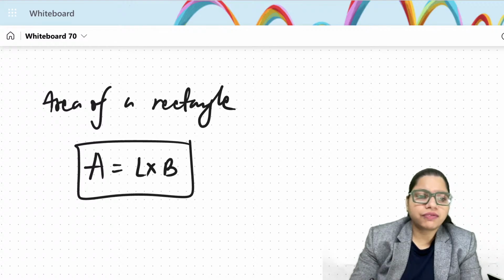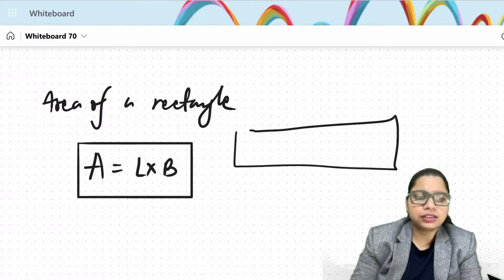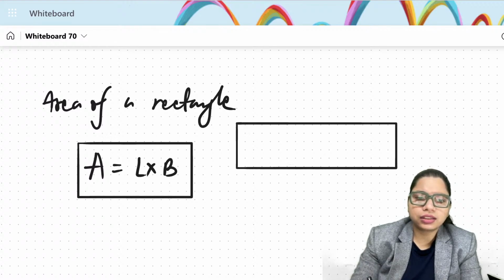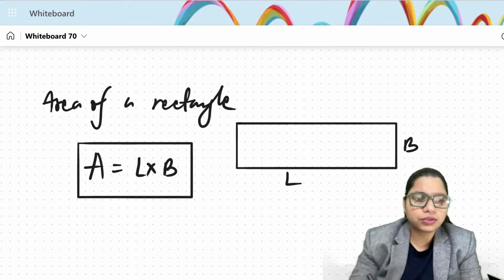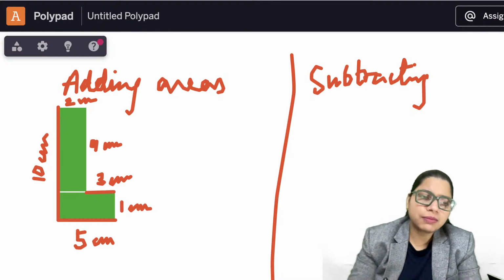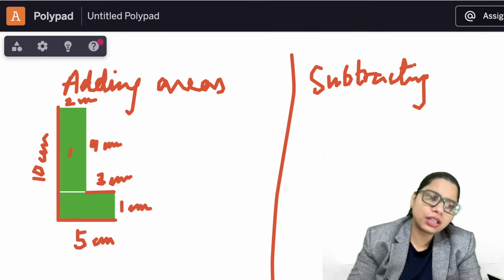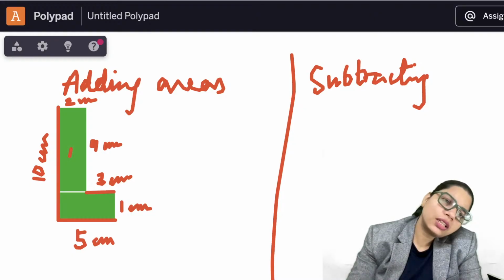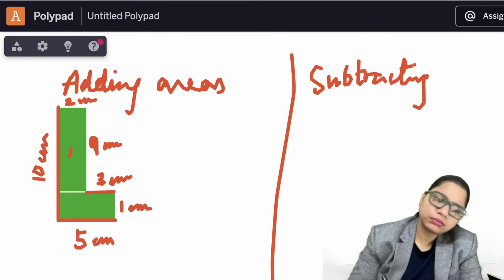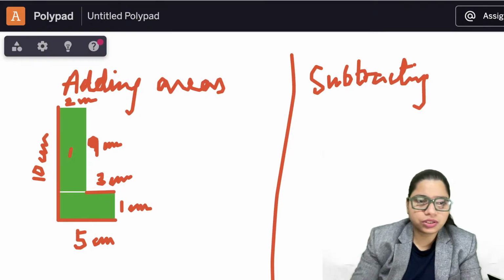Say for example, this is the rectangle. This is the length and this is the breadth. So you just multiply them together to find out the area. We'll do the same thing here. This is the first rectangle. What would the length be? It is 9. Don't get confused with 4. That's 9 and the top one is 2.